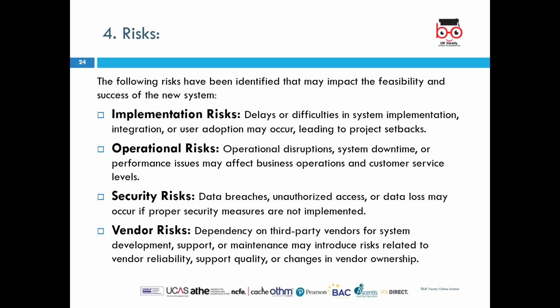And lastly, we have vendor risks, which depend on third-party vendors who have their own systems, and this might cause some fault that will affect our system. So it is really important to know the risks involved when dealing with third parties and how reliable our stakeholders are.